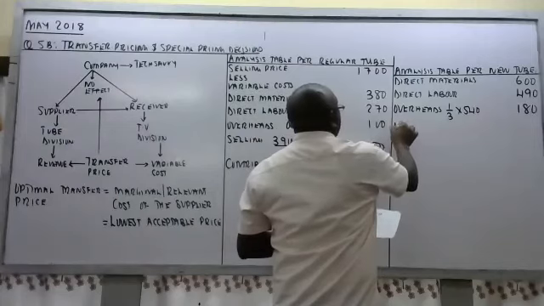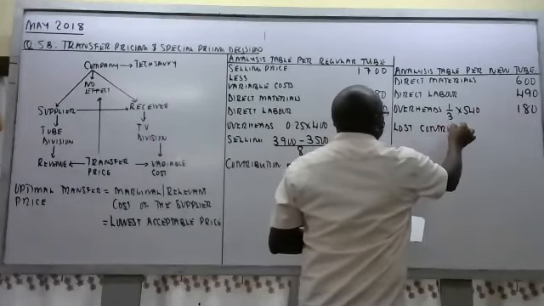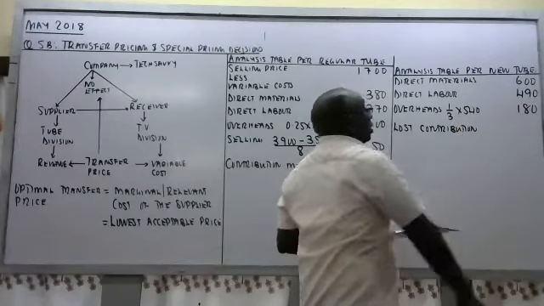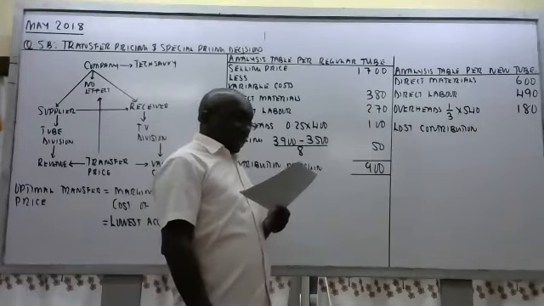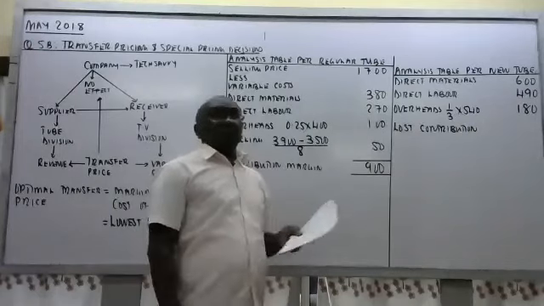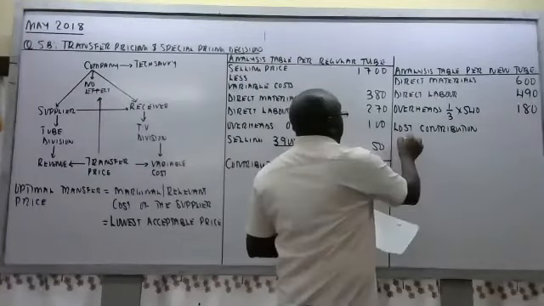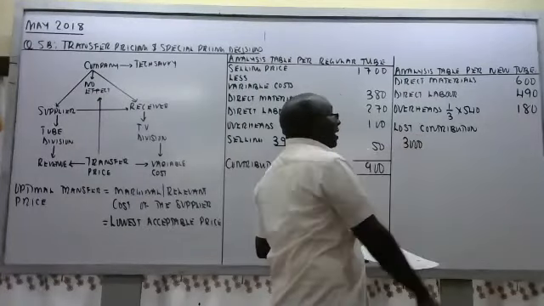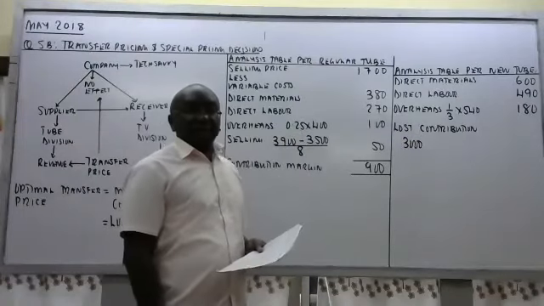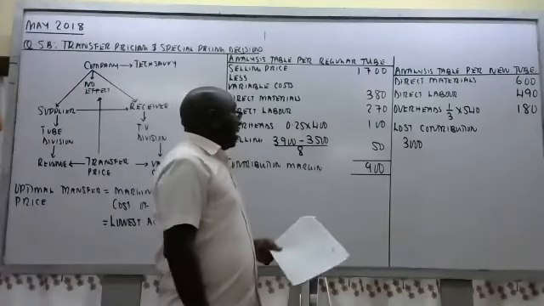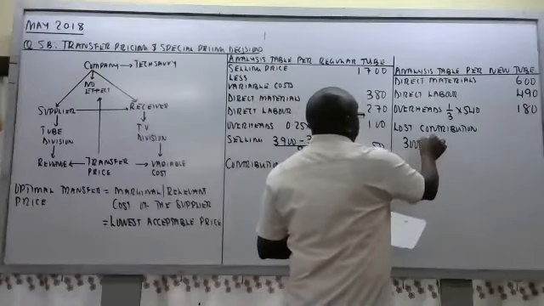That is the lost contribution. So the lost contribution is, we are told that if we do these new tubes, we are going to forego 3,000 of the current tubes. And as I told you, you need to see the money. So the money is 900 per each of those tubes.